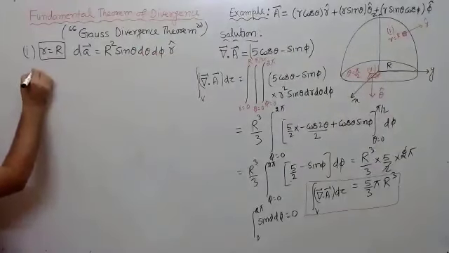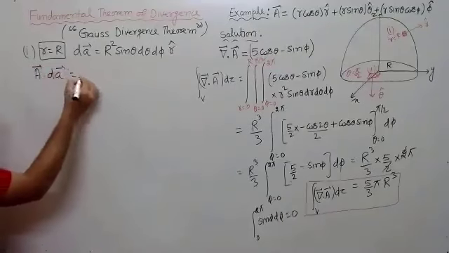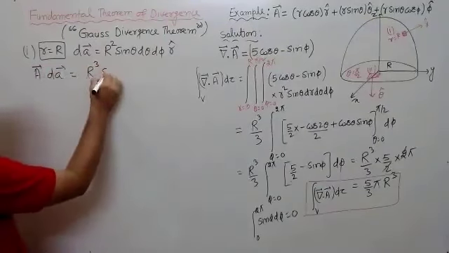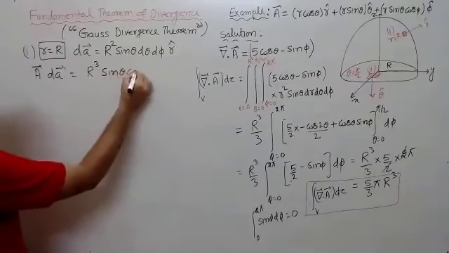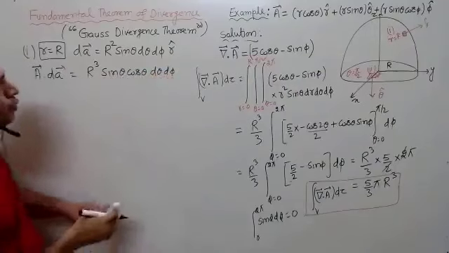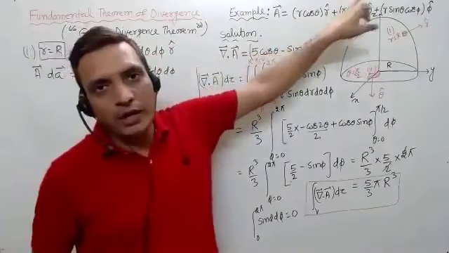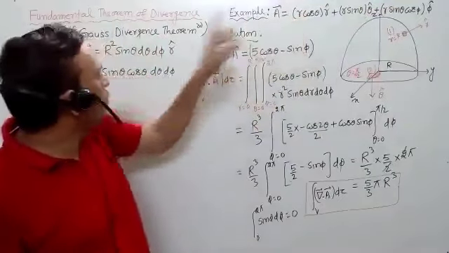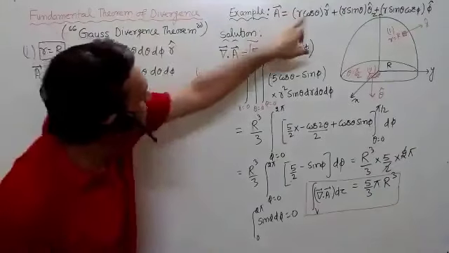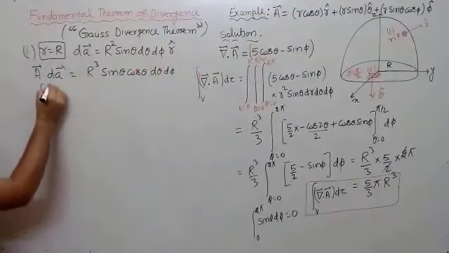So what will be A dot dA? A dot dA will be r cube sin theta cos theta d theta d phi. If you take the dot product, you will get only this term because r dot r is 1, theta dot r is 0, phi dot r is 0, and r is equal to capital R. So what will be this integral?